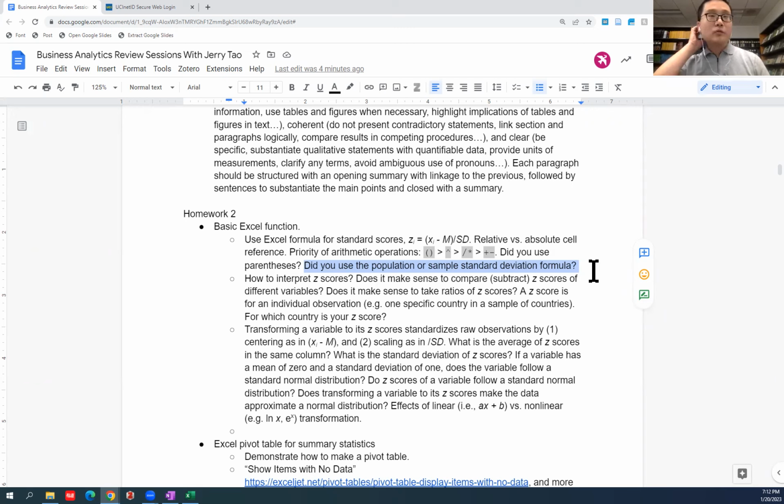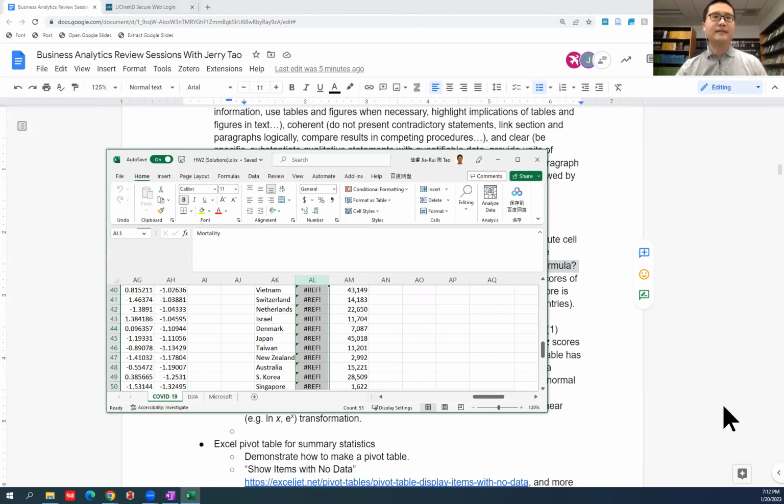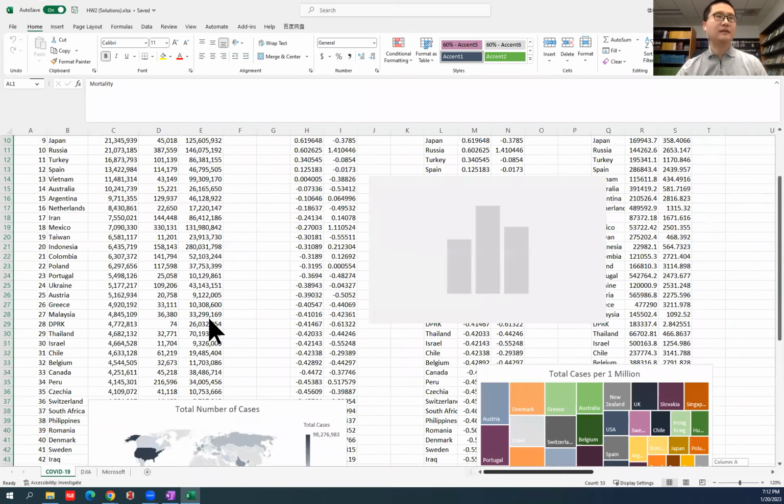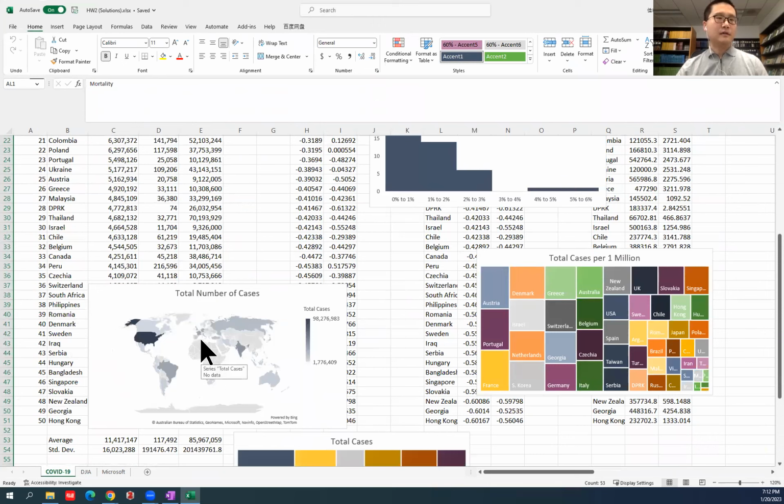However, no matter which one you used, it makes very little difference in the results, because the formulas only differ in the denominator by 1. If our sample size is large, for example, in our COVID example, we have 50 countries and areas, then one number divided by 49 or divided by 50 would be very close.